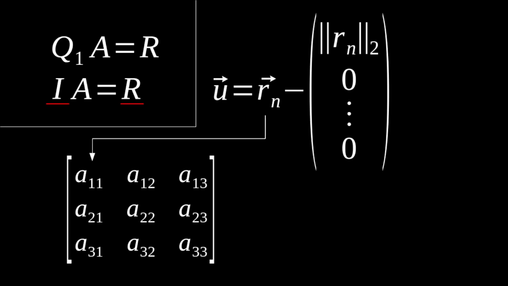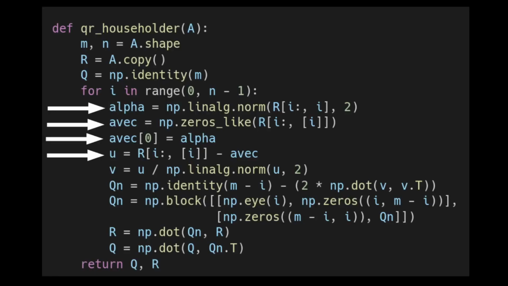So for the first iteration, or for Q1, we're really using the first column of our A matrix. Then we're going to subtract off a vector of all zeros with the exception of the 2 norm of that particular column put in the first position of that vector. And that is what all 4 of these lines are doing.